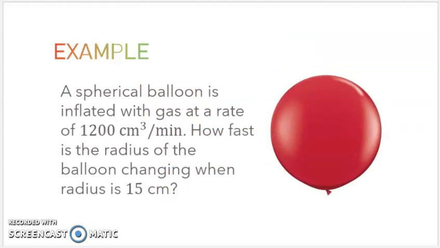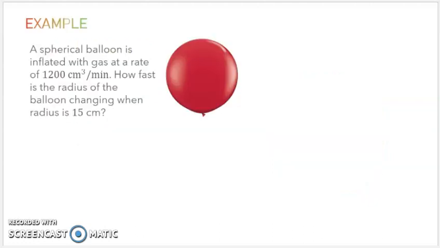Next example, a spherical balloon is inflated with gas at a rate of 1,200 cubic centimeters per minute. How fast is the radius of the balloon changing when the radius is 15 centimeters? Let's identify the data given in the problem.